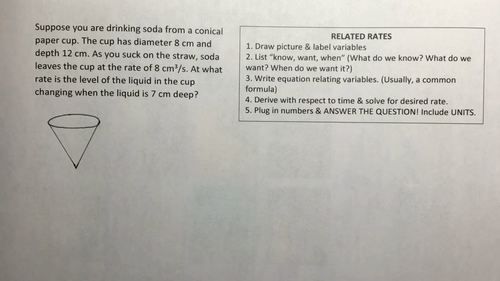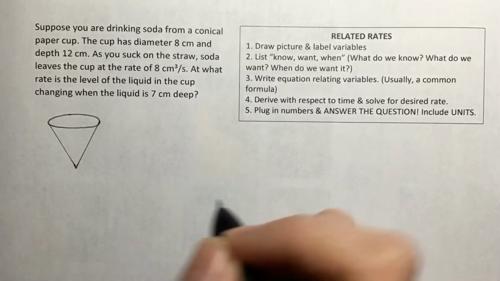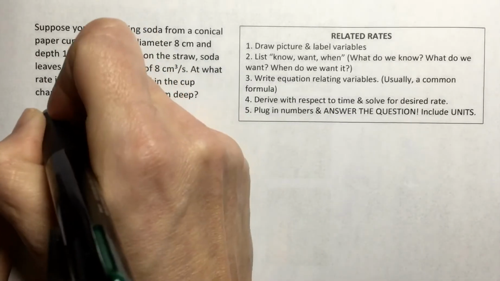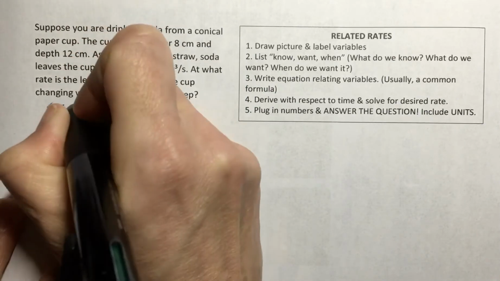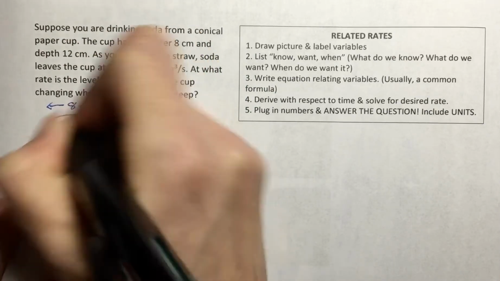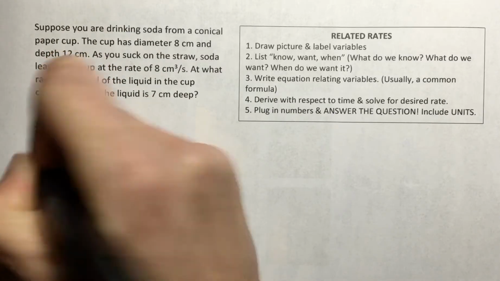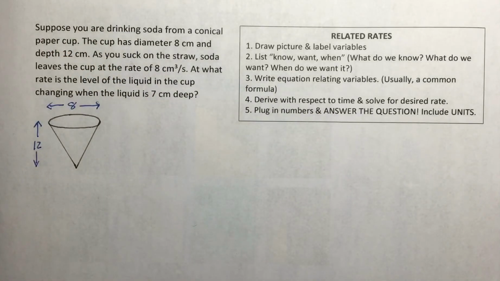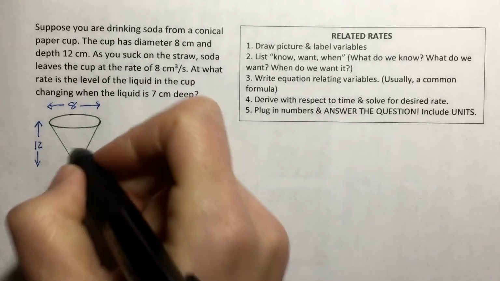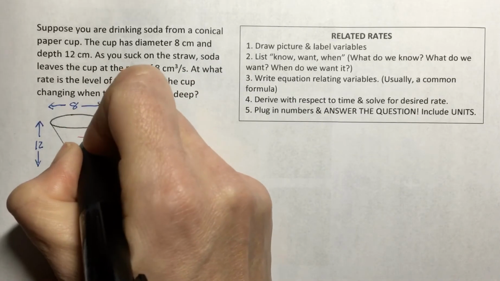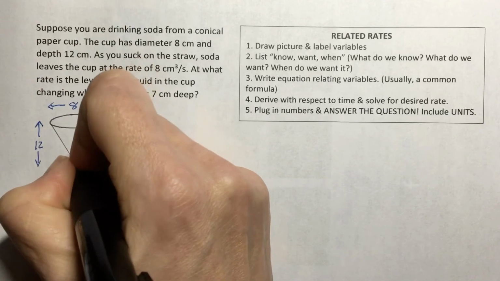So let's go through all of our 5 not so easy steps. We're going to draw our picture, which I've already drawn. Label variables. First I'm just going to put some numbers on this, namely that we have a diameter of 8 and a depth of 12. And that's the whole thing. Obviously, though, when you're looking at the liquid, it's the radius and the height that are changing.